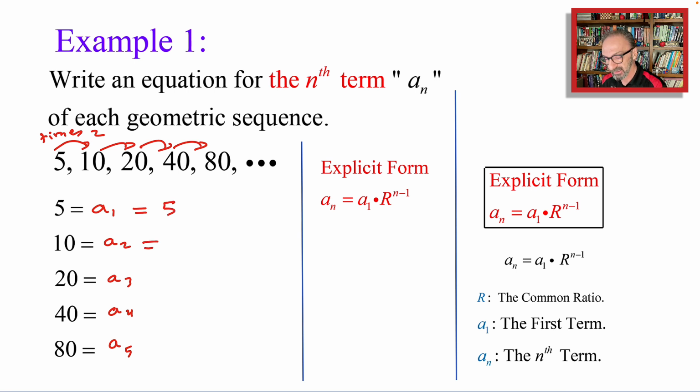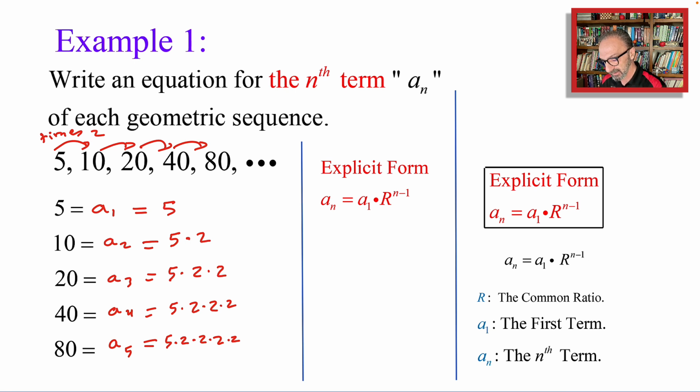And A2 is 10, but I could look at it this way, 5 times 2. And A sub 3 is 20, but 20 is 5 times 2 times 2 again. 40 is A sub 4, which is 5 times 2 times 2 times 2. That's 5 times 8. And 80 is A sub 5, which is 5 times 2 times 2 times 2 times 2.